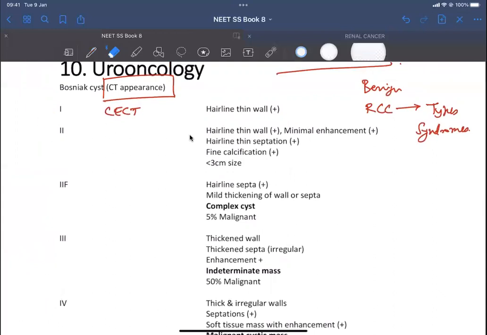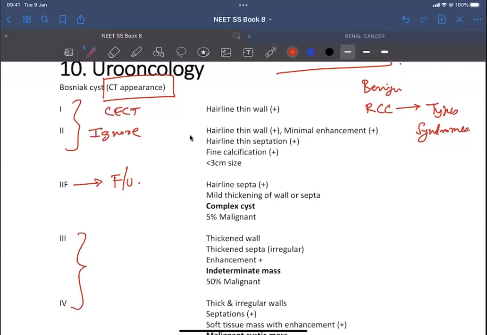I don't think it is relevant. The basic crux of it is that 1 and 2 you can ignore, 2F needs follow-up, 3 and 4 need treatment.